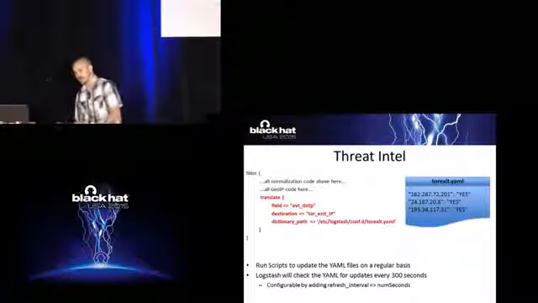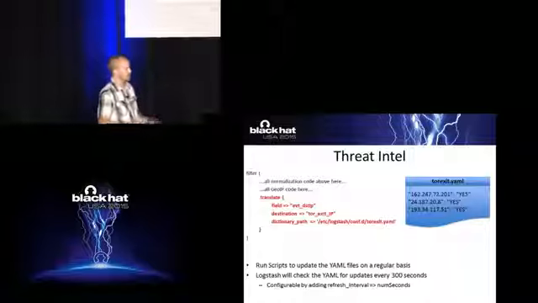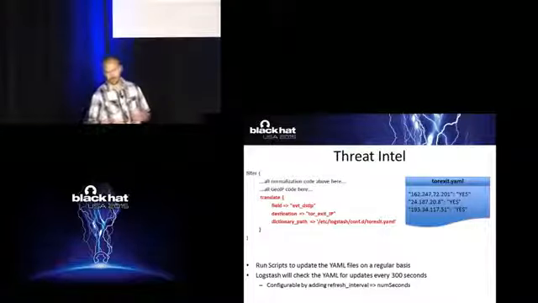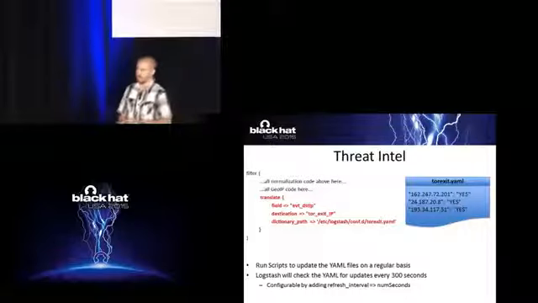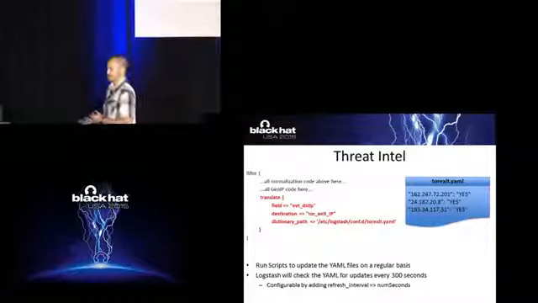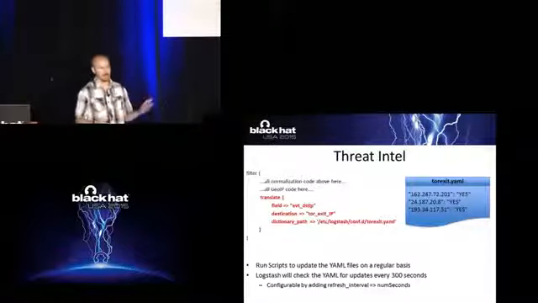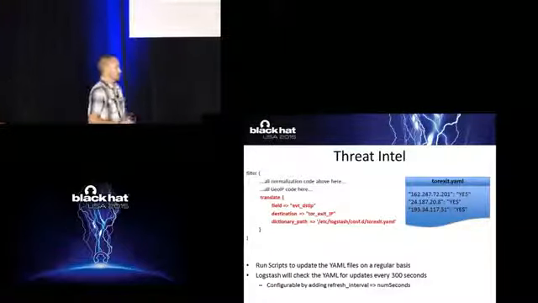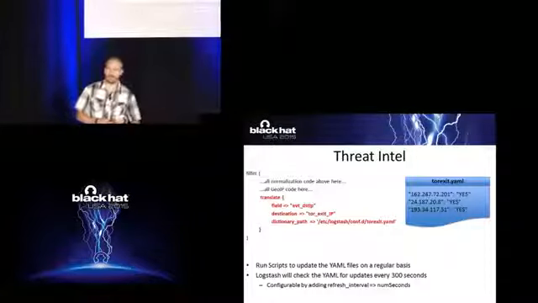So now when I go into Kibana, I can just run a quick search of any message that says Tor exit IP equals yes. And this is done for any field. So I can do things like Tor exit IPs and command and control servers, malicious file hashes, known phishing campaigns. There's really no limit to what you can do. You can do up to roughly 2.5 million signatures in each YAML file.